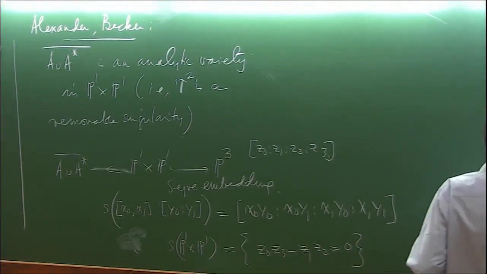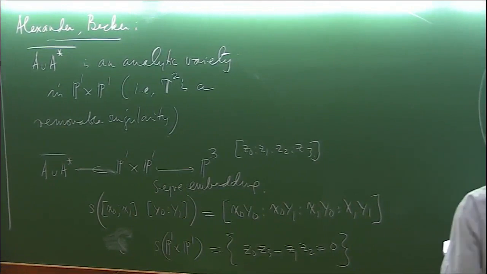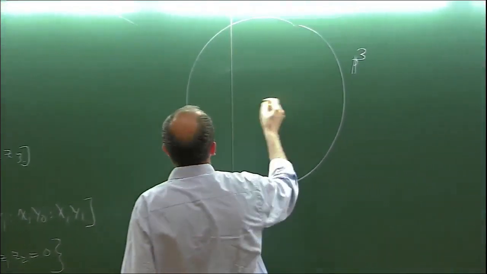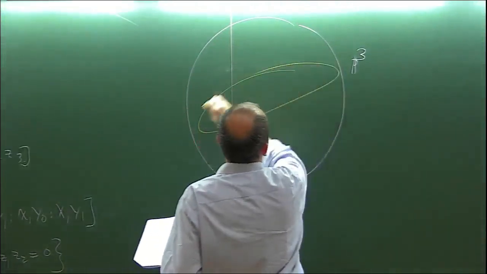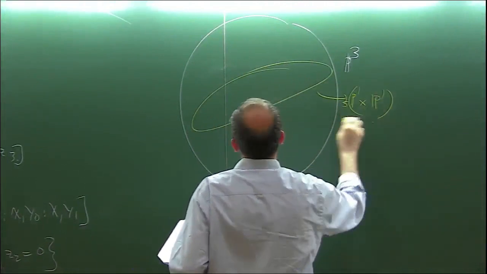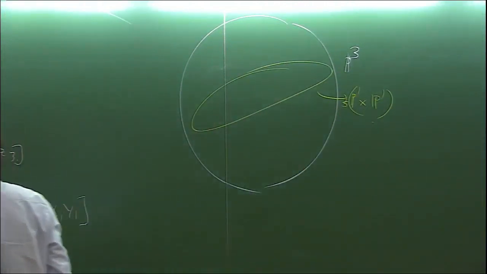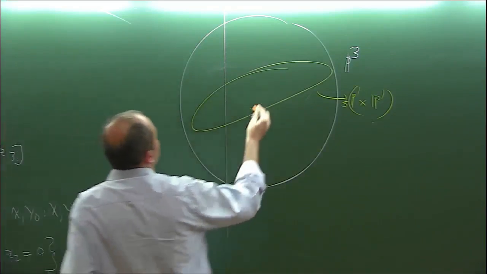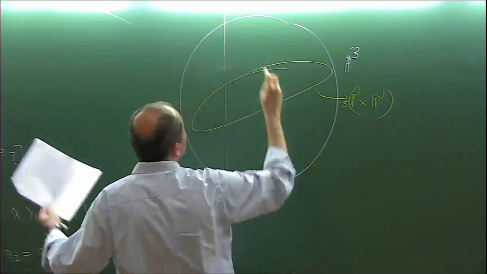So this is P3 now. And here you have this quadric. I just draw this. This is P1 cross P1, S of this. And this is a one-dimensional variety here.